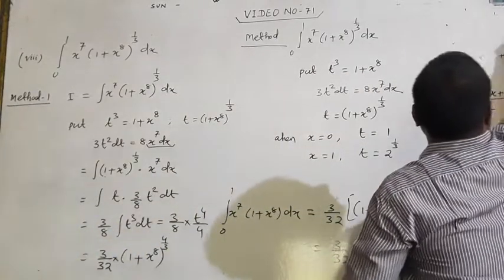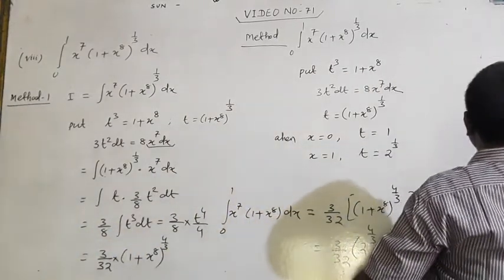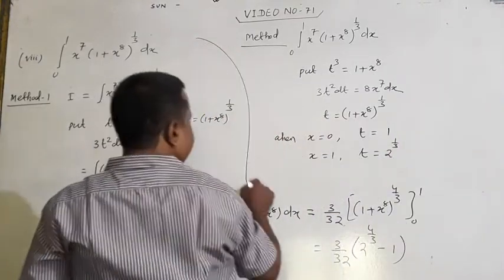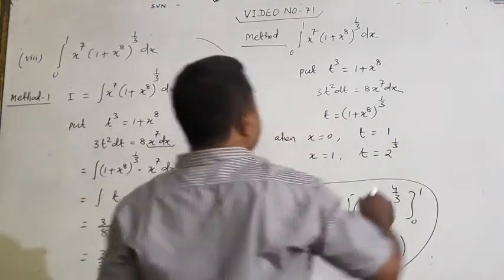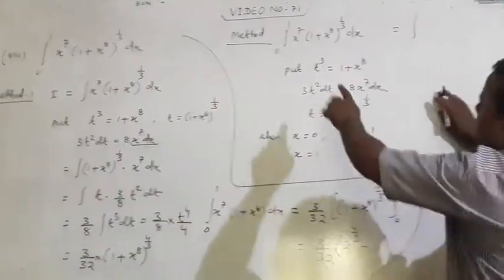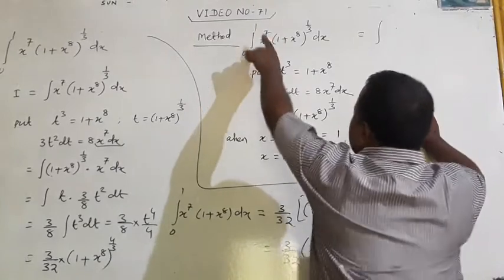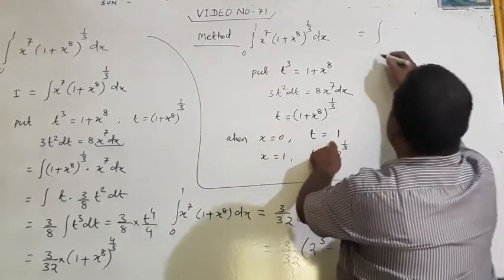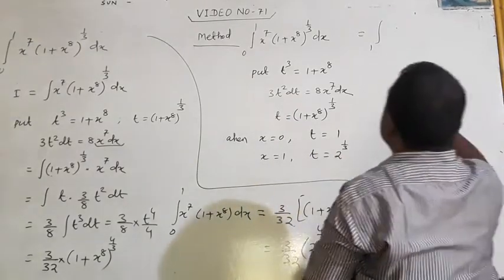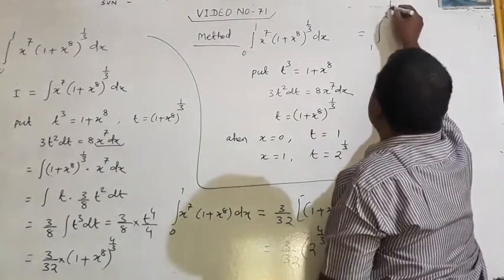Okay. Now, what happens to the problem? The question becomes the integration from x is equal to 0 to 1. When x is equal to 0, t is 1. When x is equal to 1, t is 2 to the power 1 by 3.